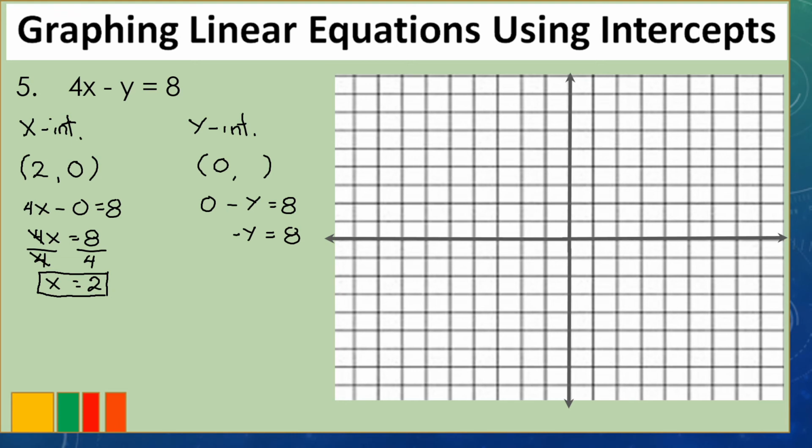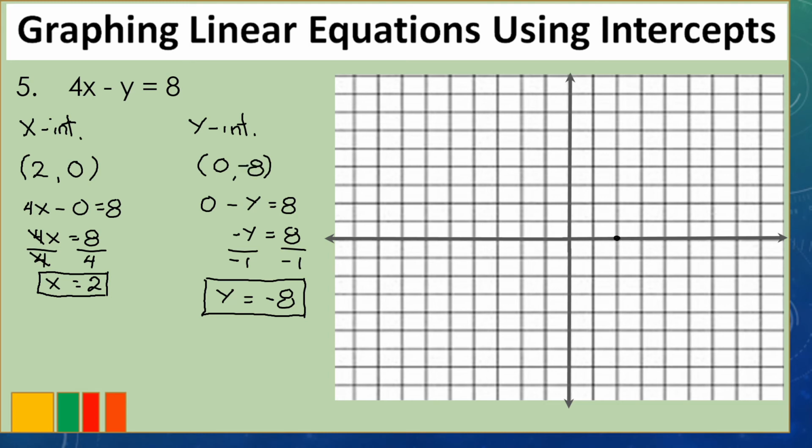Now, we need to remove the negative by dividing both sides by -1 or multiplying the equation by -1. So divide by -1, therefore the value of y will be -8. Our y-intercept for that equation is -8.